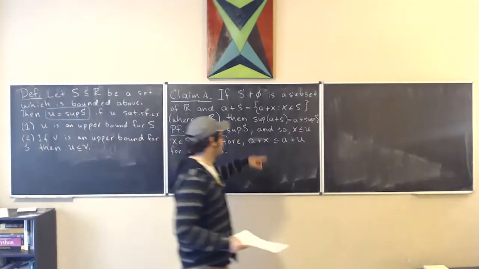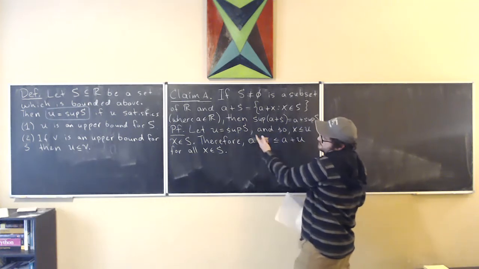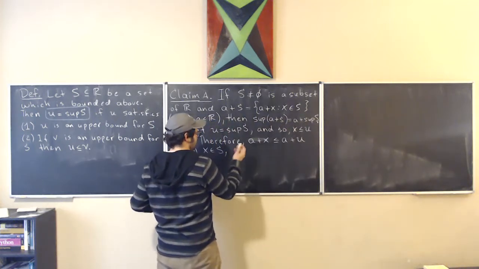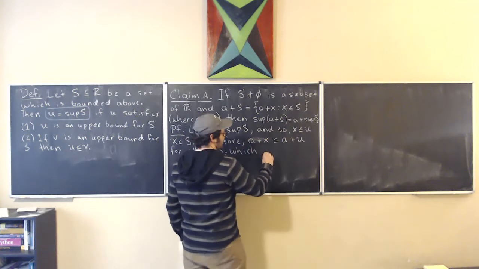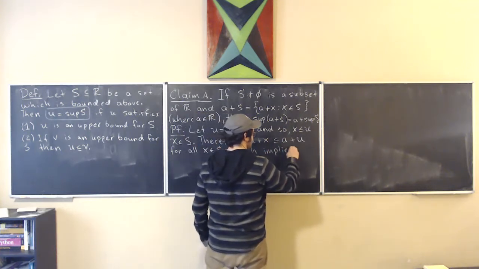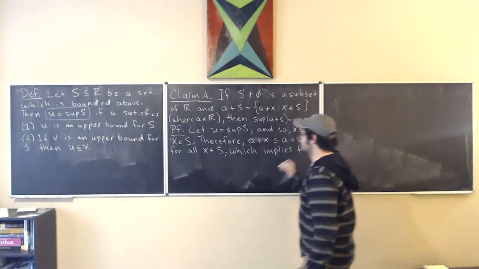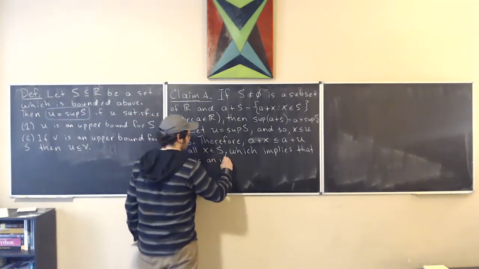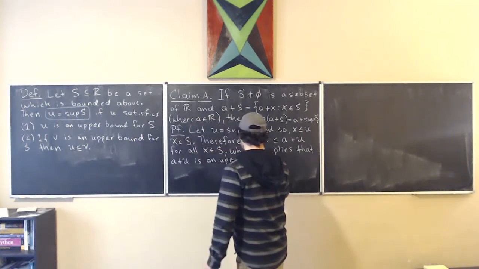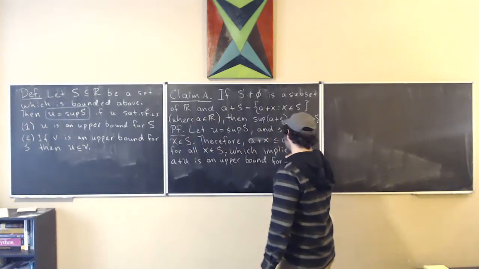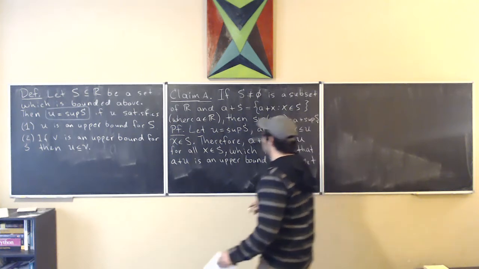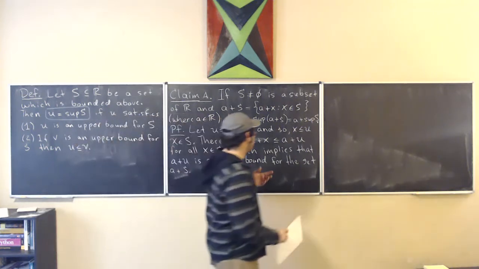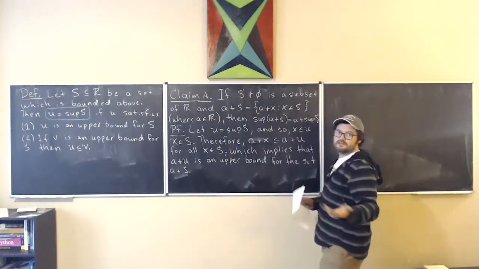Okay, but what does this imply? This implies that a plus U is an upper bound for that set a plus S. So if we're looking now to consider the supremum of that set, the supremum is the least upper bound of that set.